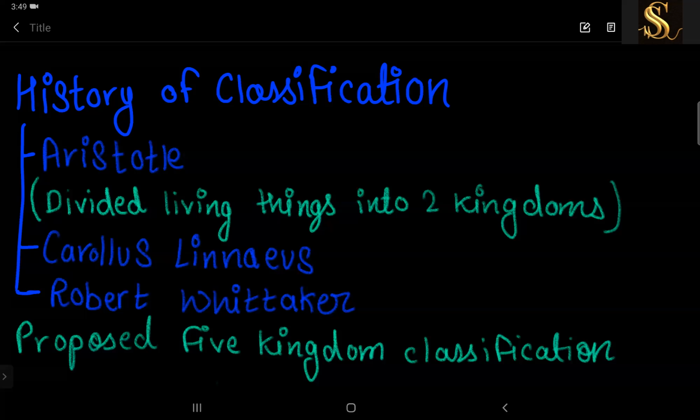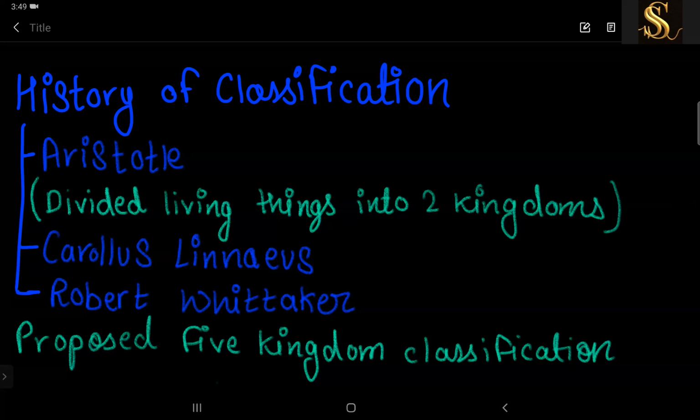Let's start with the history of classification. Here, as you can see, I have made a mind map or a little table to understand the history of classification. The first is Aristotle. Aristotle was the person who divided living things into two kingdoms, Kingdom Plantae and Kingdom Animalia.